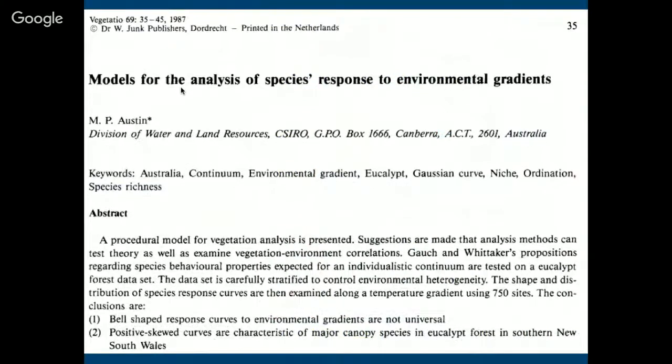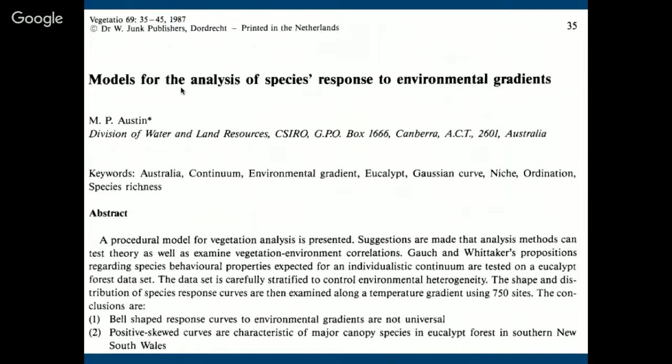And then along a perhaps different line of evolution of these approaches, we also see application of more and more complex and sophisticated multivariate statistical approaches.